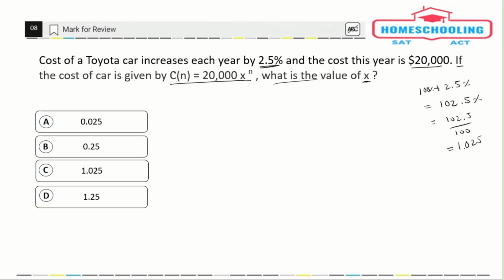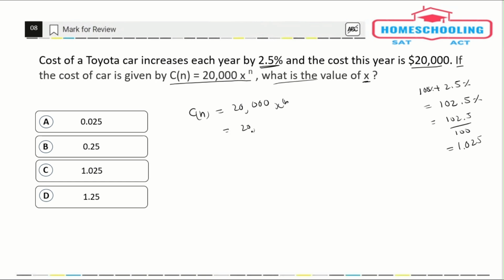So if we take this equation here, Cn is equal to 20,000 x to the power n. n is the number of years by which the price is increasing, and x is the percentage increase.